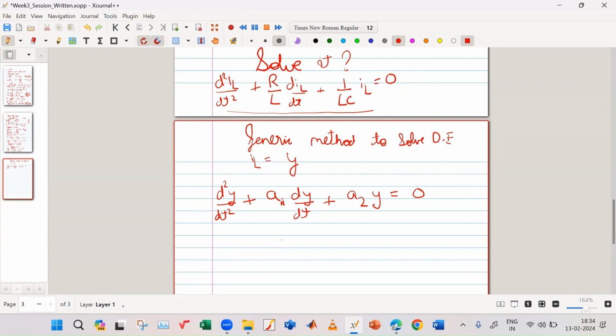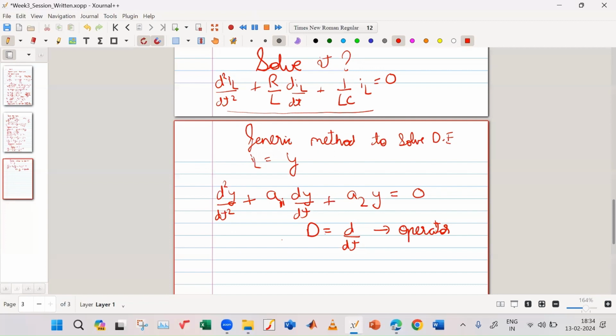Now a simple method is to replace this d by dt. This d by dt is actually a differential operator. You replace it by some capital D. What does capital D mean? It is equivalent to d by dt, the time derivative of that variable.